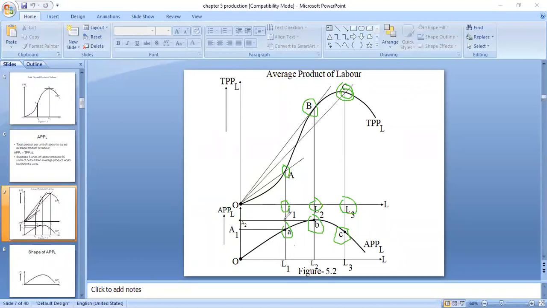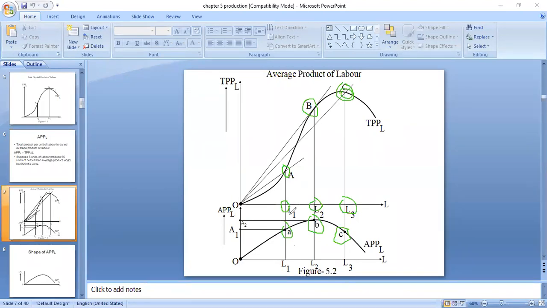Now see what is happening in the lower panel. For APP, the average physical product, when you employ OL1, it shows small a. The curve is a little bit bent, going concave.